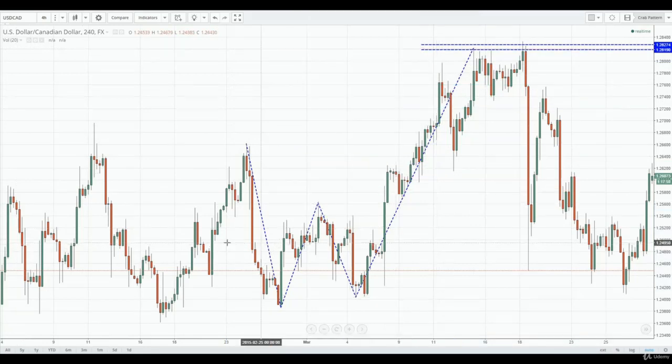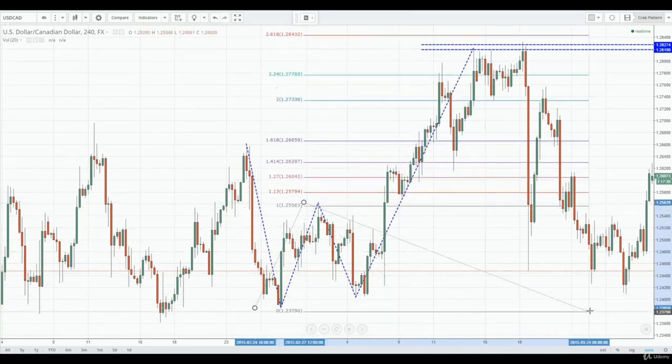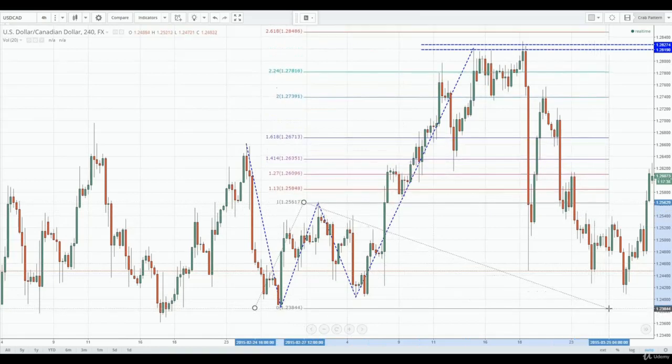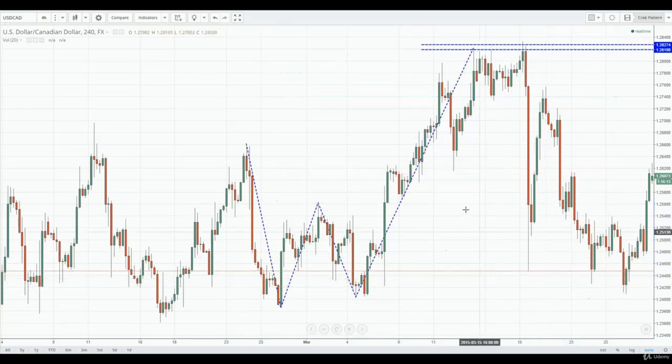And then we're looking for an ABCD extension. So we are looking for all the way down here and then back up. This usually comes in at the 1.618, but you can see it's quite low, so we're just going to ignore it for this because it is irrelevant in this pattern.